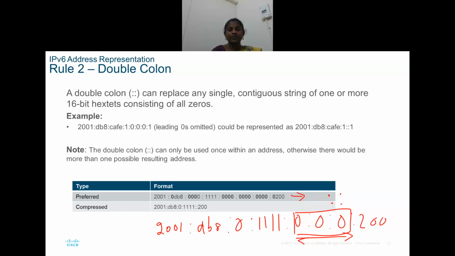That is what is written here: 2001:DB8:0:1111, and the double colon comes here. Anywhere in your address, you can use this double colon.